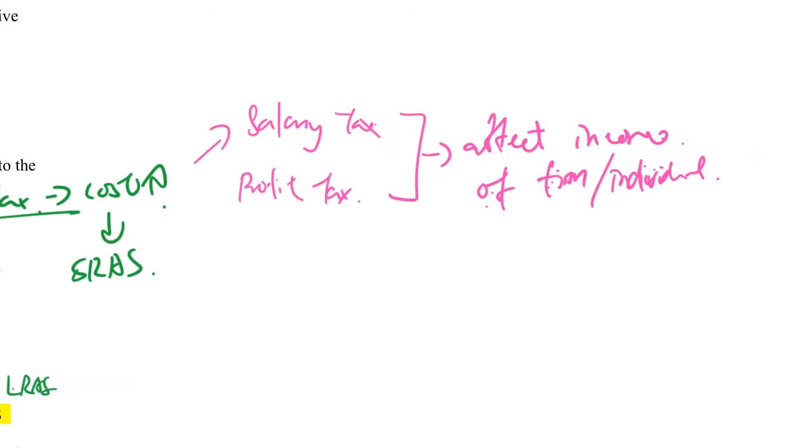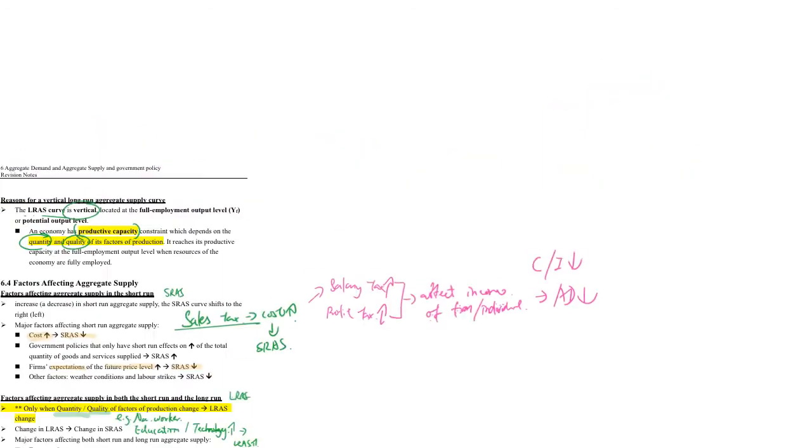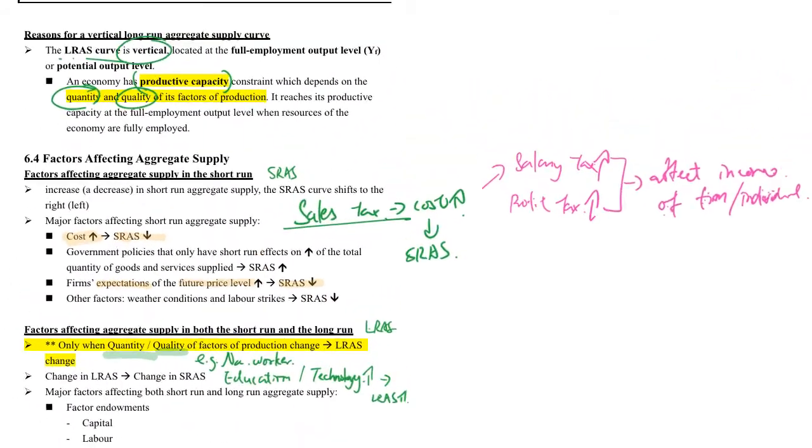So it does not affect the producer only. It affects the individuals who are going to buy things. So actually it affects the aggregate demand, because C and I will go down. If there is more salary or profit tax, then consumption and investment will go down, so the AD will go down.